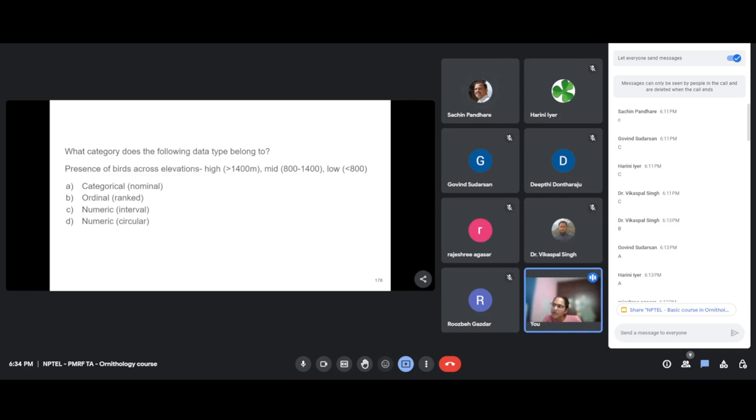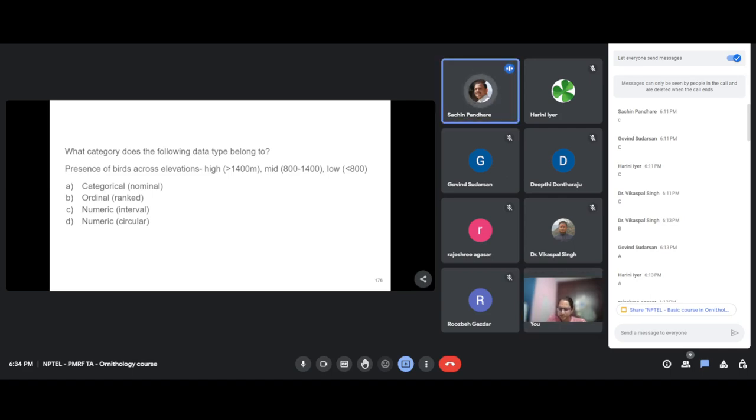But when I'm doing my analysis, I'm only using high, mid elevation and low elevation, right? Is that making sense? I'm collecting data on a data sheet, but for my analysis I'm only using these ranked categorical observations, ranked ordinal observations, which is high, medium and low. So could you think of a reason why I am not using it as interval data and I'm using it as ordinal data?